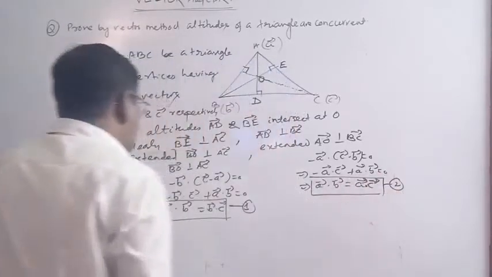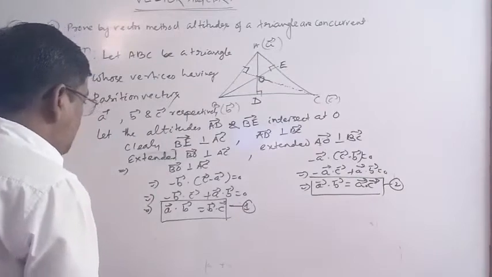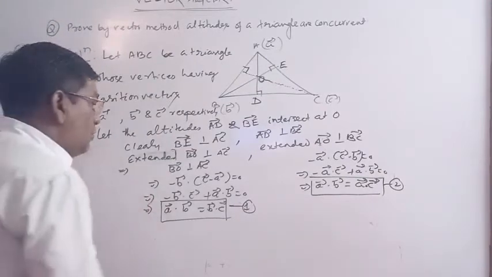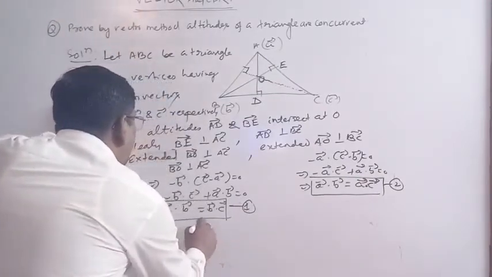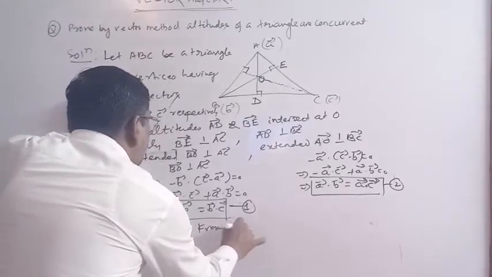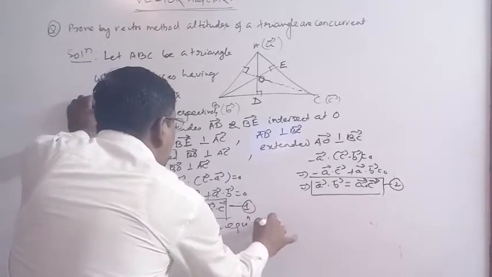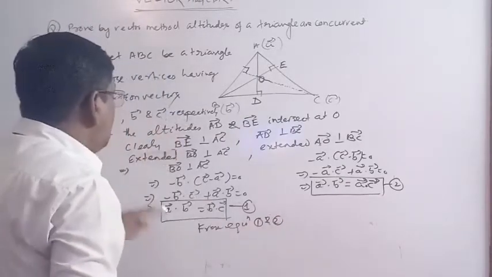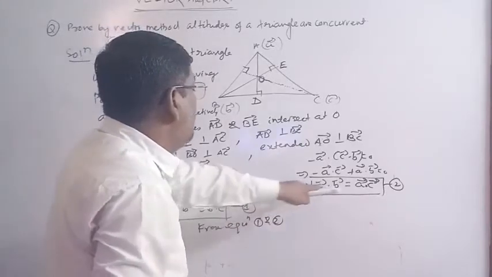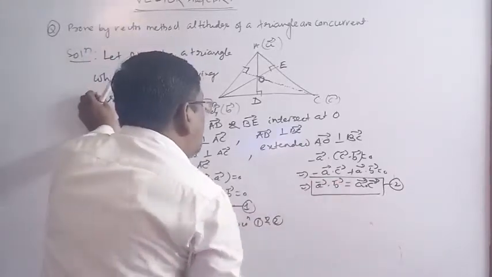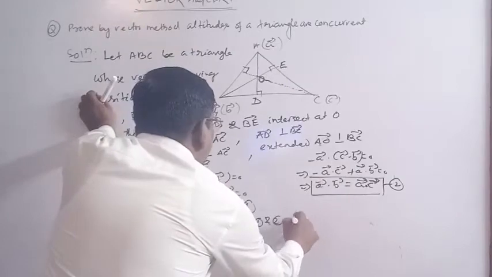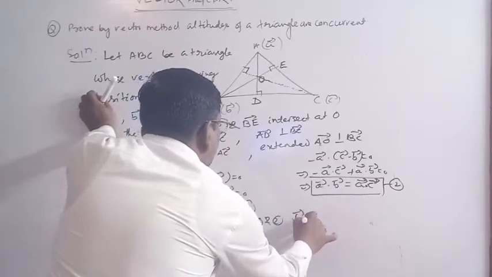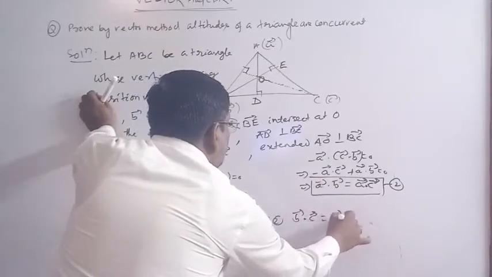Now from equation 1 and 2, A dot B is equal to B dot C and A dot B is equal to A dot C. So B dot C is equal to A dot C.